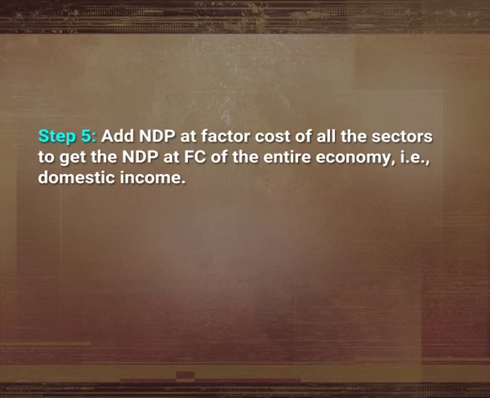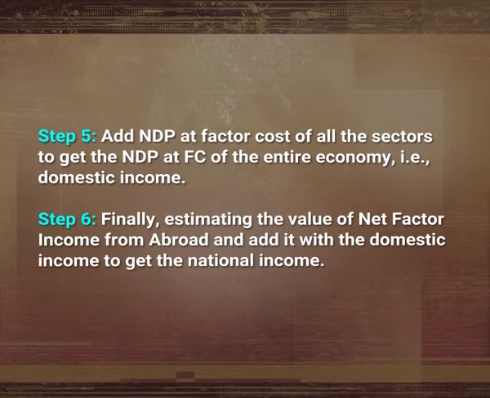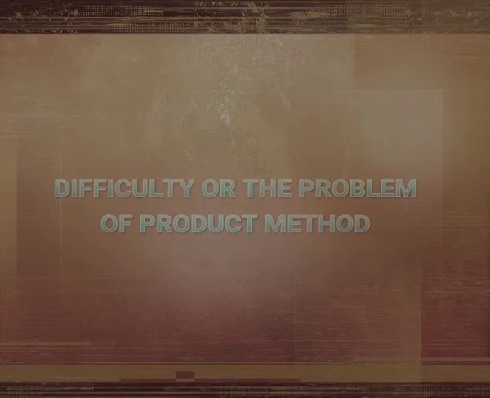Step 5. Add NDP at factor cost of all the sectors to get the NDP at FC of this entire economy, that is domestic income. Step 6. Finally, estimate the value of net factor income from abroad and add it to the domestic income to get the national income.